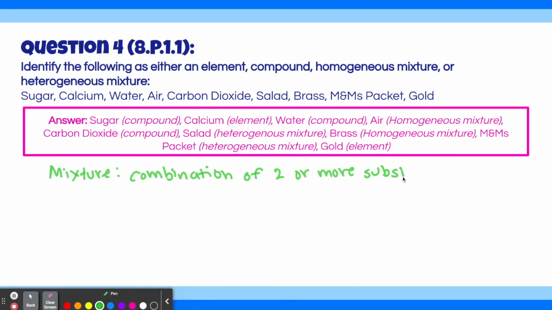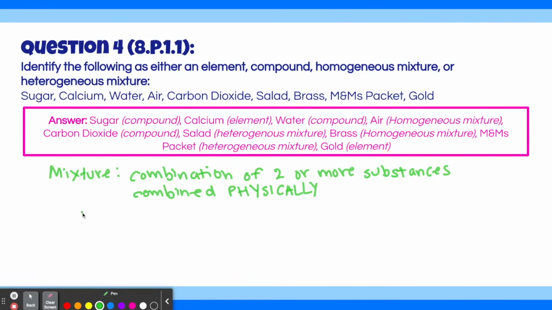Two or more substances combined physically. Compounds are two or more elements combined chemically, so you need a chemical reaction to break it up into its elements. You don't need a chemical reaction to break apart a mixture. Each substance in a mixture keeps its own properties, and you can separate them without a chemical reaction. So those are the big things about a mixture.